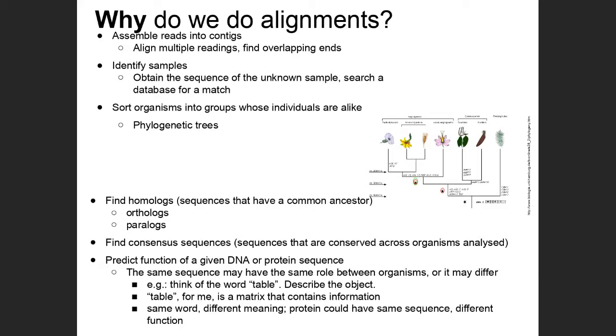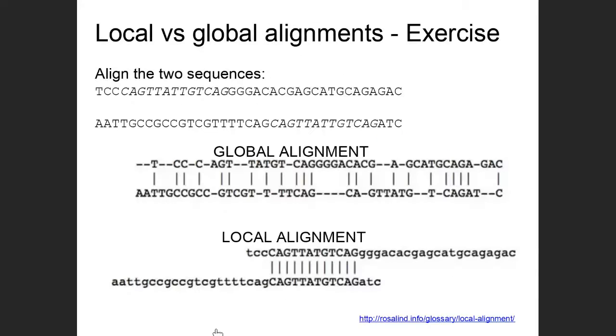So here are the reasons we do them. You did this one before. We assemble the sequences in contigs. You're doing a local alignment here because we're doing something more like this. It would be very annoying for assembling if this chunk didn't match this, but for the exercises that I gave you, they align perfectly, and I make it so that it works.